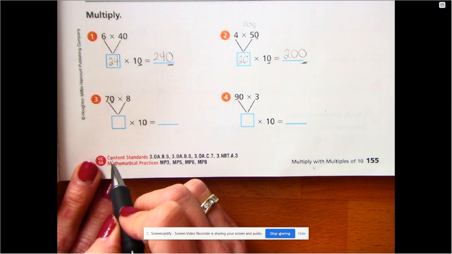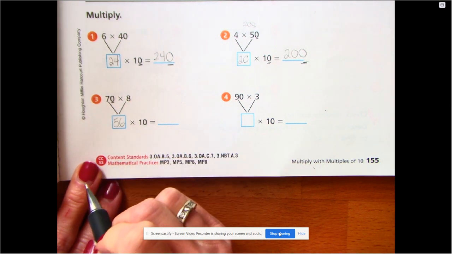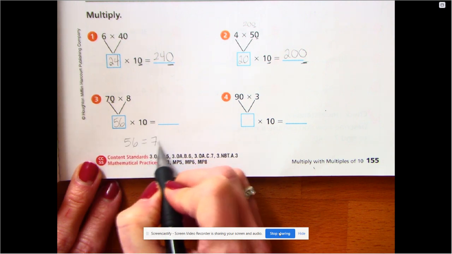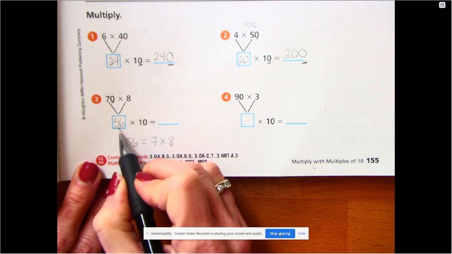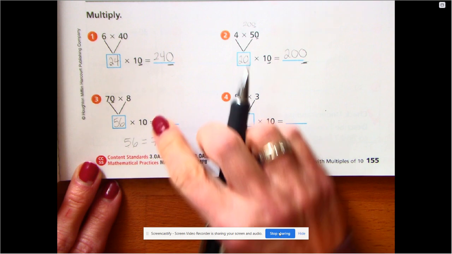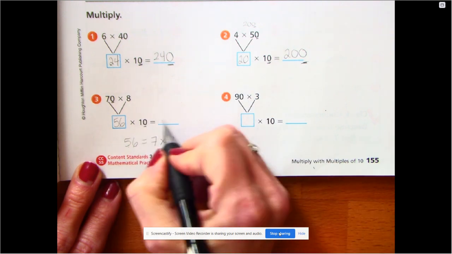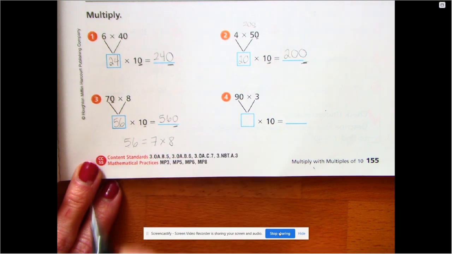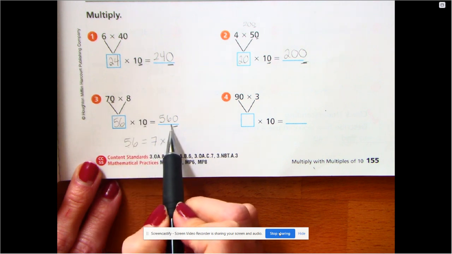If you remember that trick, 5, 6, 7, 8: 56 equals 7 times 8. 56 one time is just 56, but I'm going to tack on that 0. So 5, 6, 0. So 70 times 8 is 560.